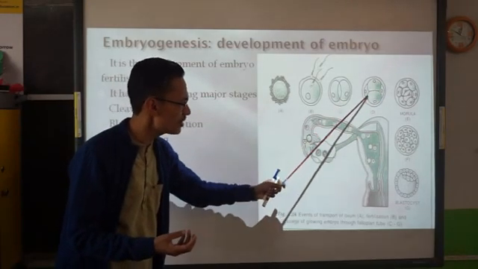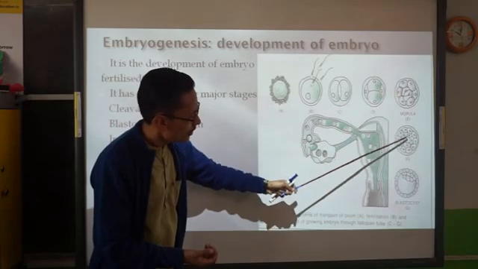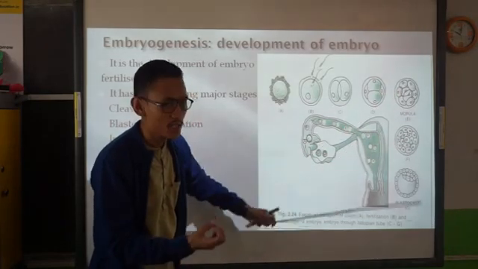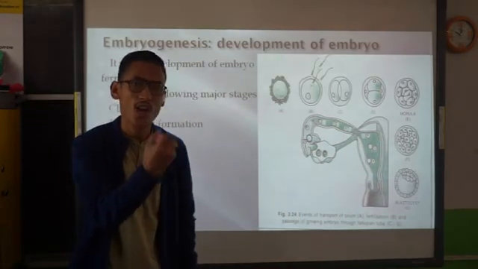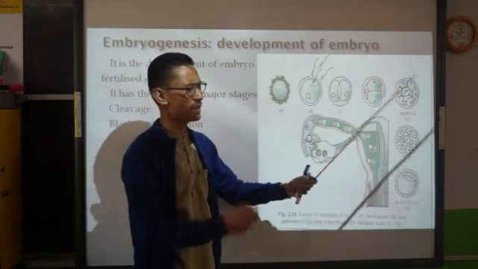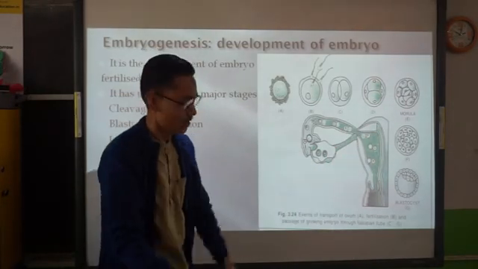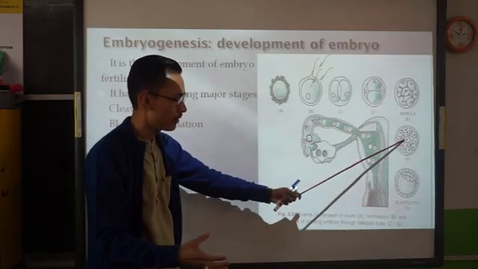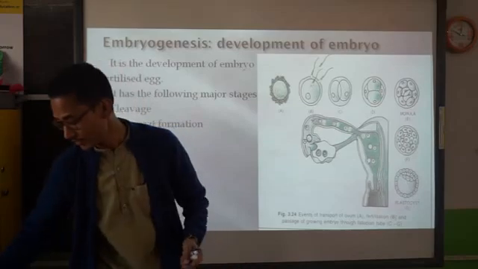But when this division keeps on going on and on, the resultant blastomeres will be smaller. And this particular process is called compaction. So those blastomeres which are produced by repeated mitotic divisions during cleavage undergo compaction, where we will find the smaller blastomeres and the larger blastomeres. Clear? Now next point.